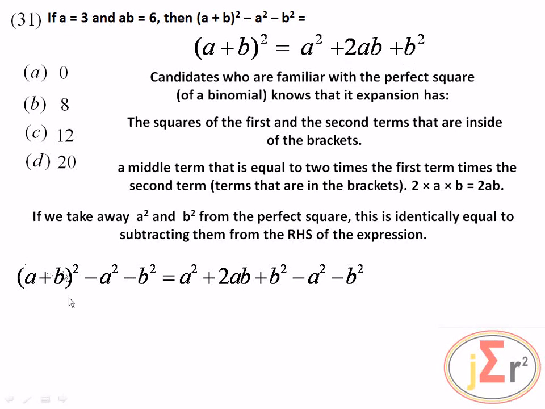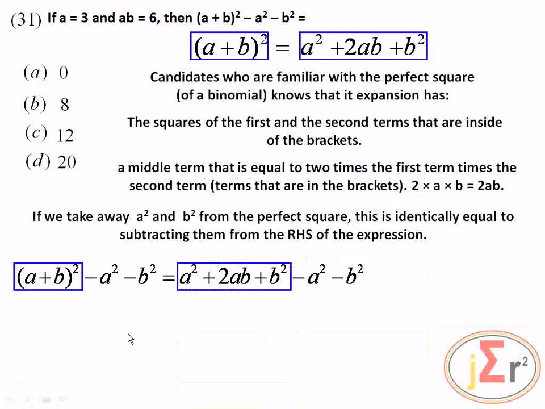The expression here looks a little bit cumbersome, but if we take a close look at it, we are subtracting a squared and b squared from both sides. I think it will be a little easier to understand if you look at what we have highlighted right here.